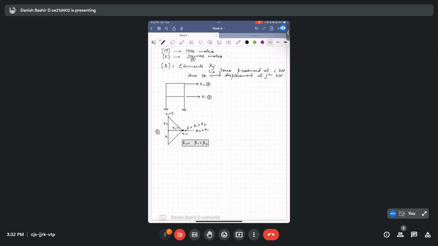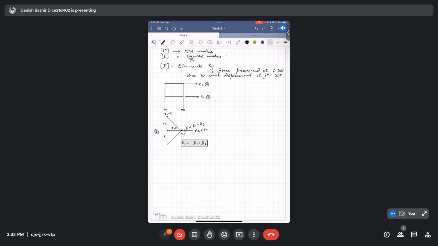Now for another term, we give unit displacement at degree of freedom 2.